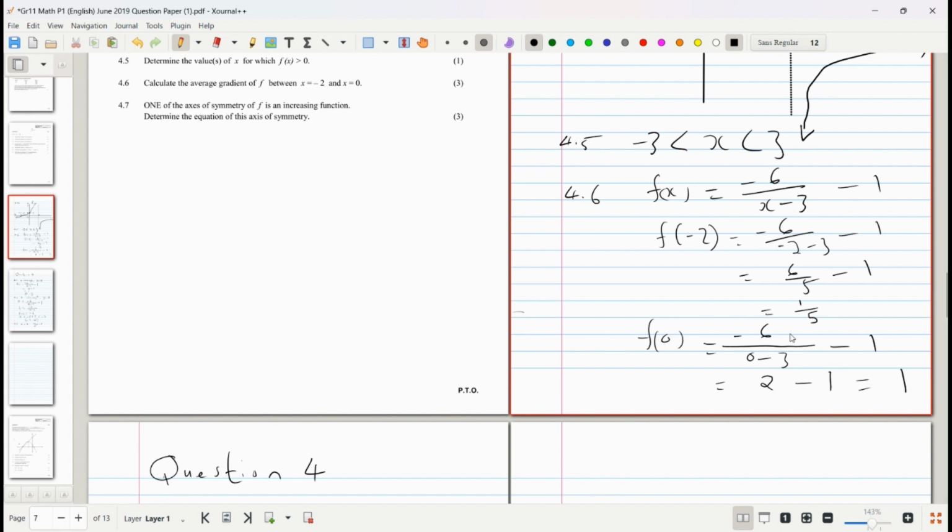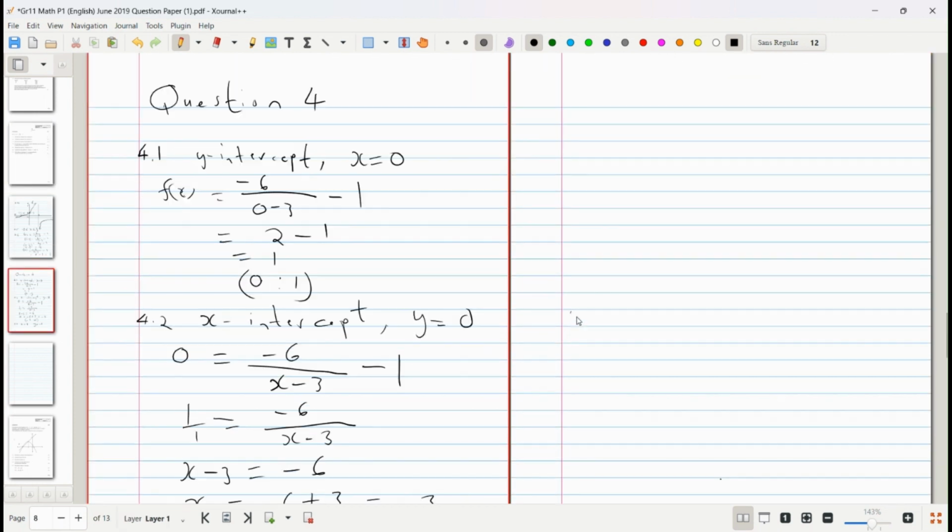So we already know our coordinates will be (-2, 1/5) and (0, 1). If we check, (0, 1) we got it here as our intercept.